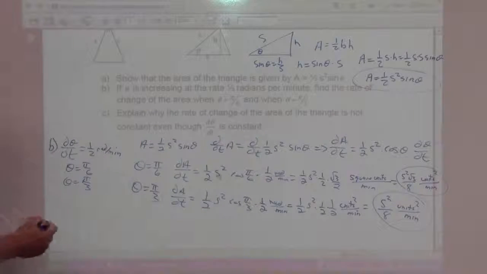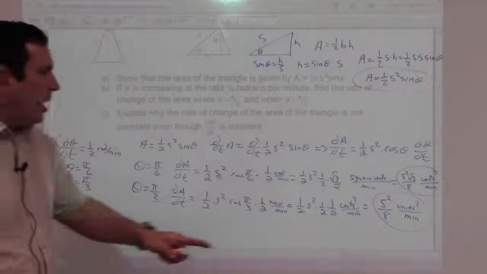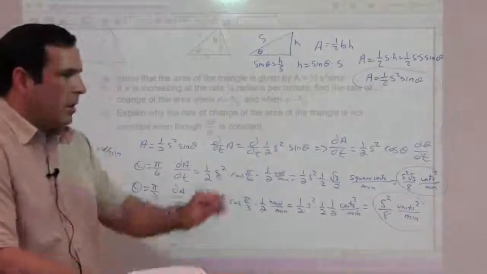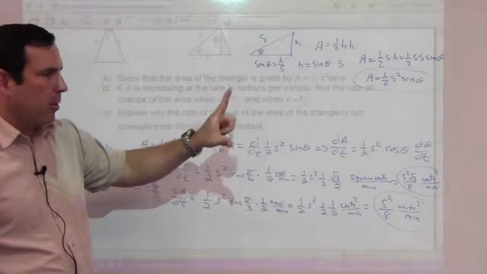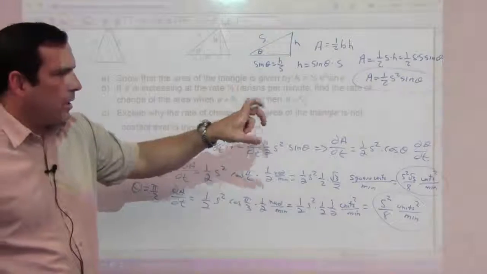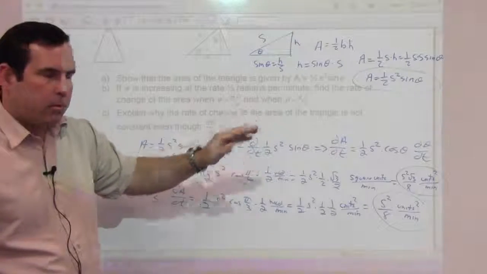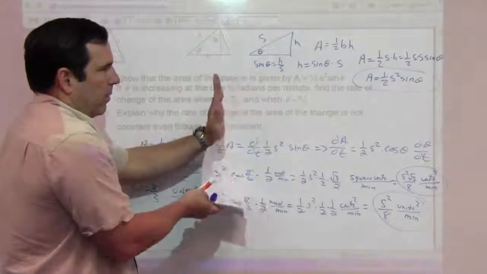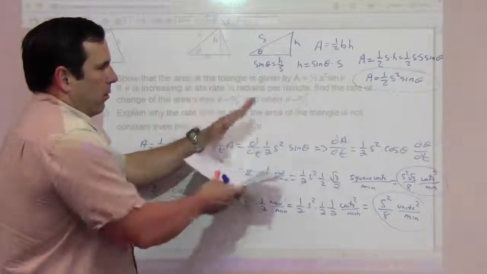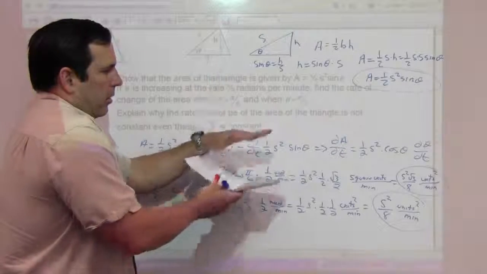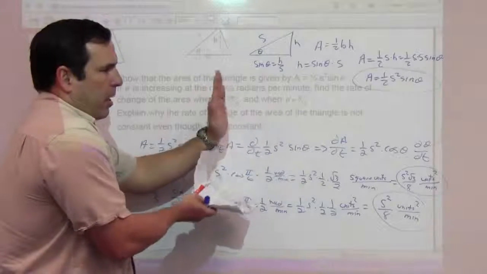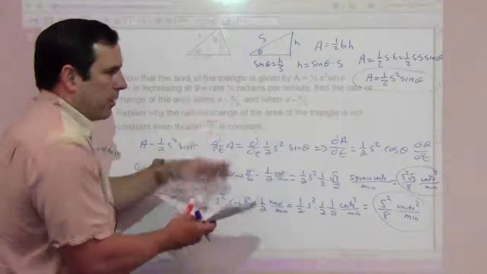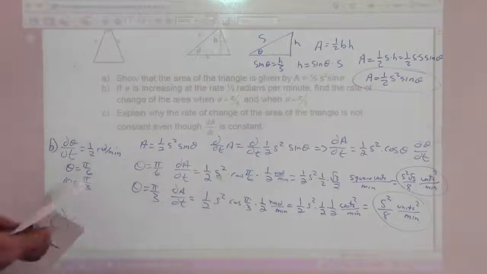So part C says the change in area was greater earlier than it is now. And that's because the area keeps getting bigger, bigger, bigger, and after a certain point, it's going to start getting smaller. So if you think about that area, it's not going to keep getting bigger. The bigger this angle gets, the closer to pi, or 180 degrees, your area is going to become nothing.